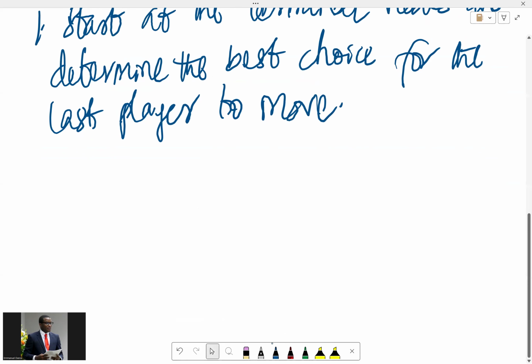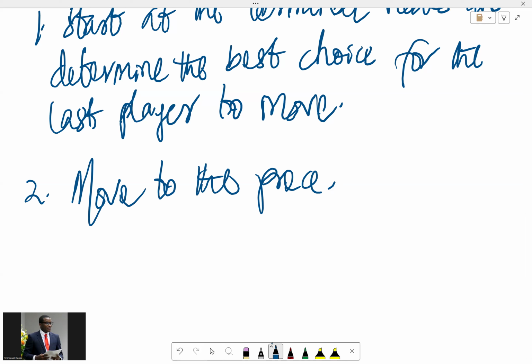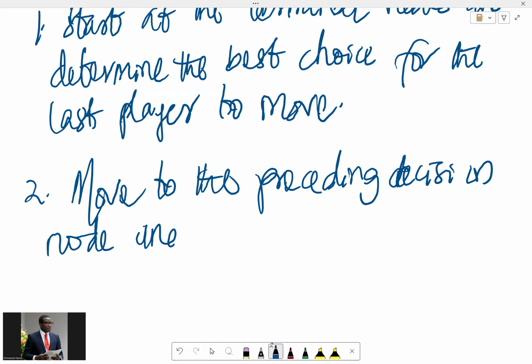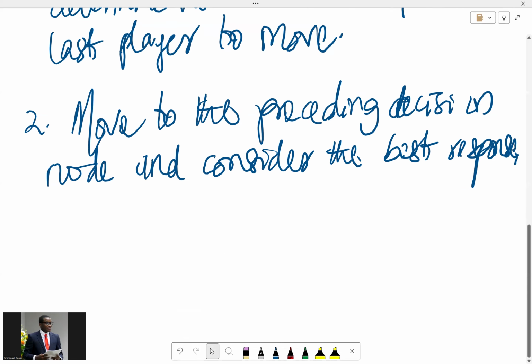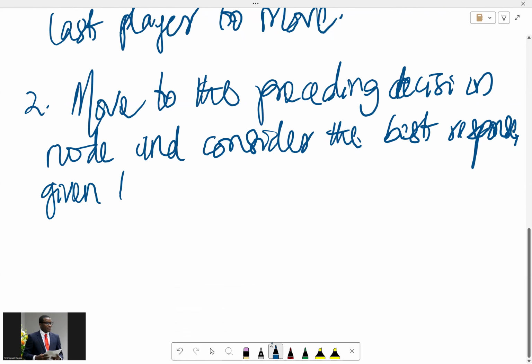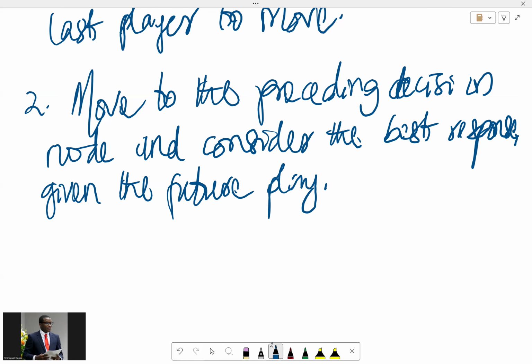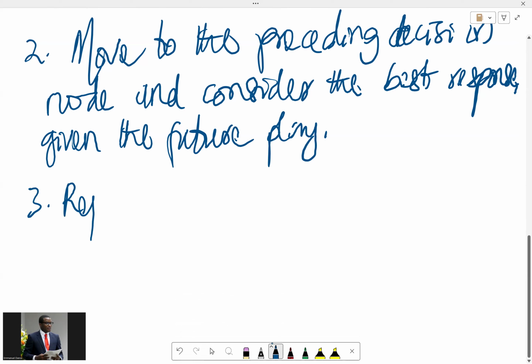Then the second thing is you move to the preceding decision node and consider the best response given the future play. Then 3, repeat until reaching the root.